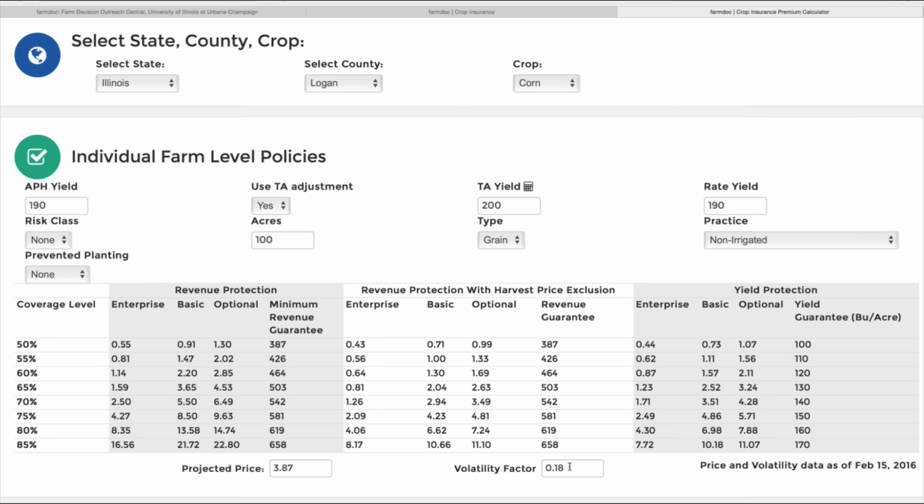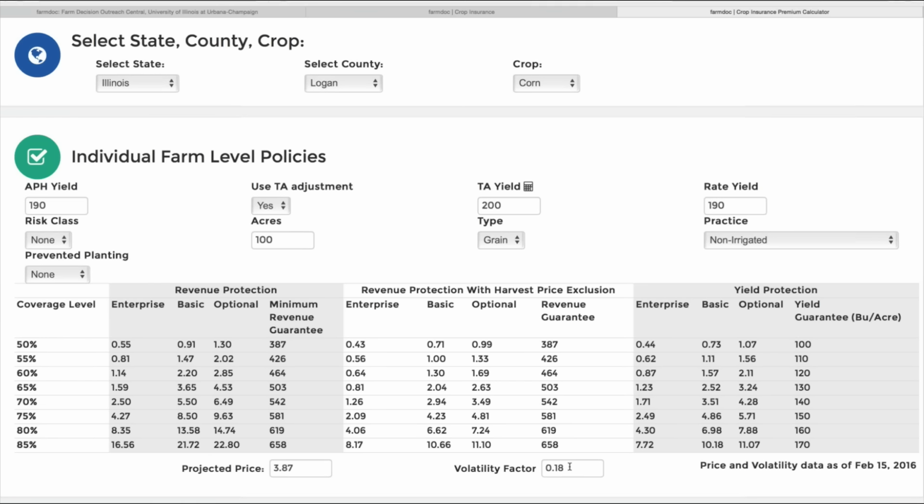So as that goes down, that will lower our premiums. The volatility going down is based on what's happening to options prices, and that also means that the market estimate of the volatility is coming down. So the market is saying that we have less variable prices this year than we did last year. Overall, though, we should see lower premiums.